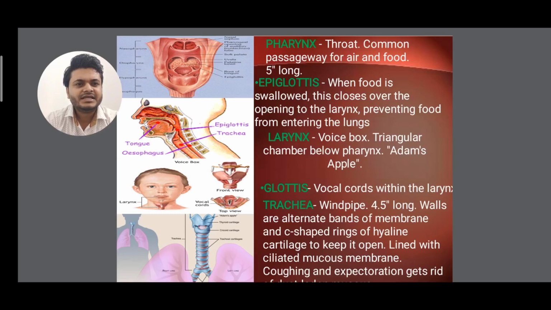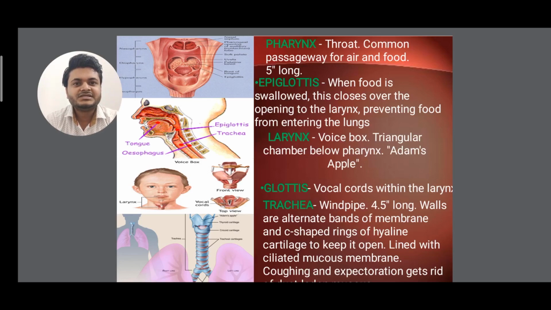Clear? Next, epiglottis. When the food is swallowed, this closes over the opening to the larynx, preventing the food from entering the lungs. Understood? So it shuts down the windpipe. Clear? So that the food passes through the food pipe, not through the windpipe.